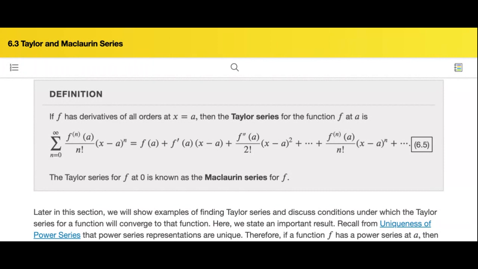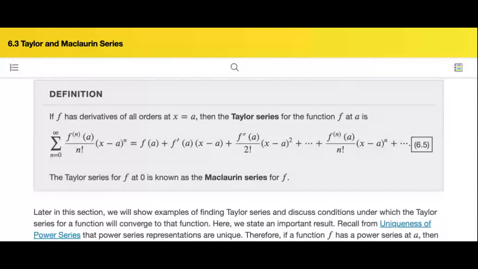So c_n is the nth order derivative of the function divided by n factorial, because when we take an nth order derivative, the specific term is being permuted. So a in this case will have (x minus a) raised to n.